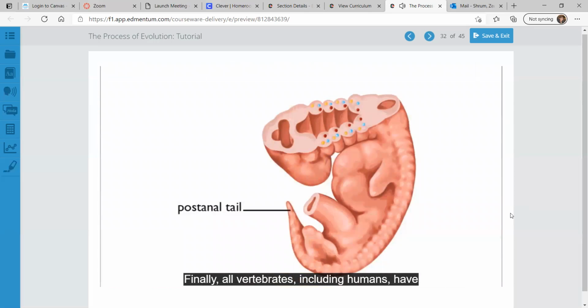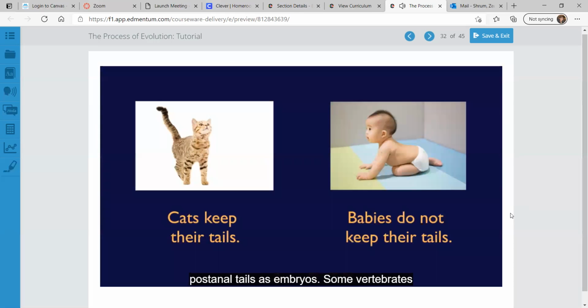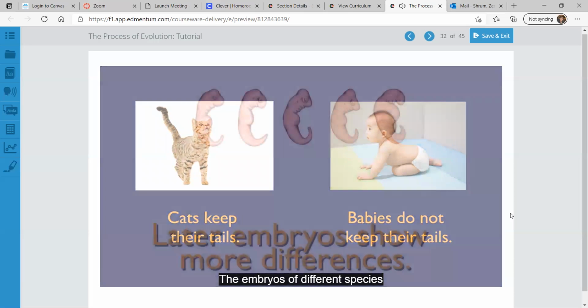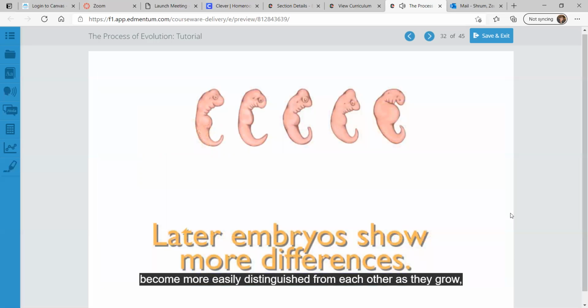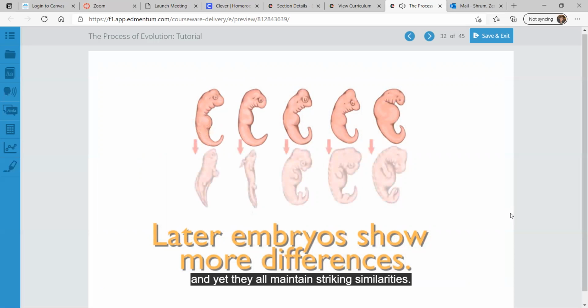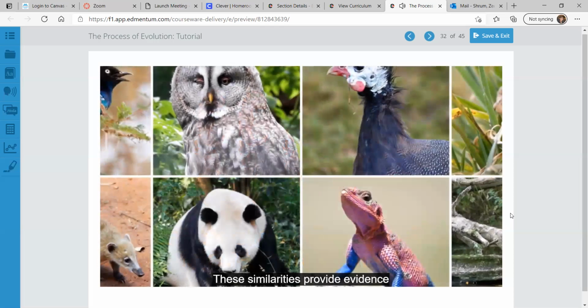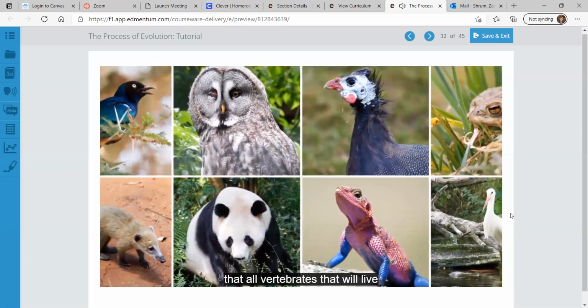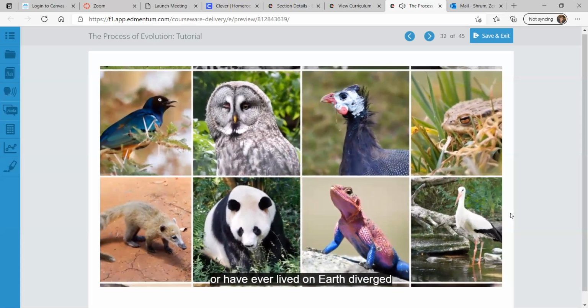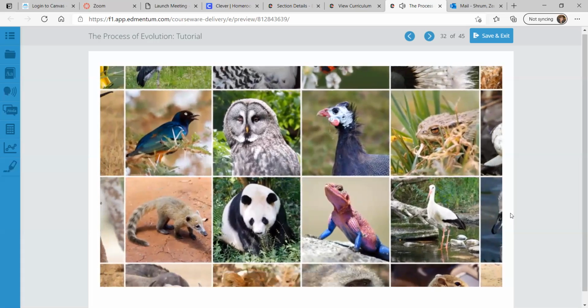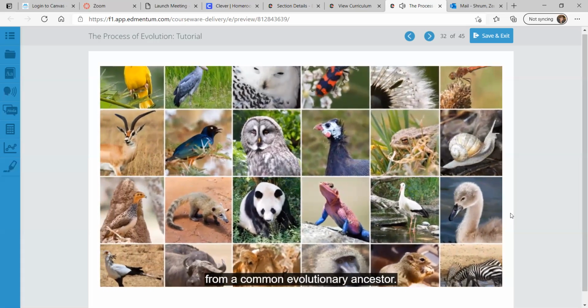Finally, all vertebrates, including humans, have postanal tails as embryos. Some vertebrates keep their tails and others do not. So, yes, at some point in time, you had a tail. The embryos of different species become more easily distinguished from each other as they grow, and yet they all maintain striking similarities. These similarities provide evidence that all vertebrates that will live or have ever lived on Earth diverged from a common evolutionary ancestor.